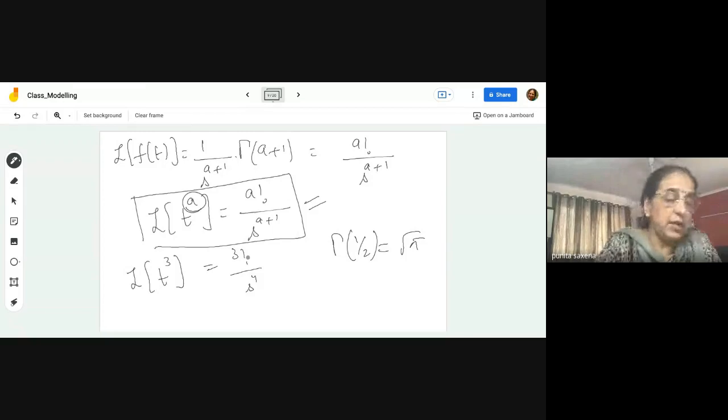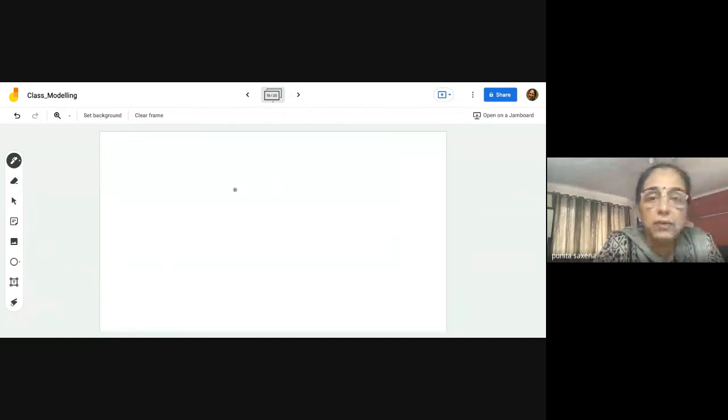So basically this is t to the power n when n is an integer. What if n is a fractional number? Then also we can find the Laplace transform.